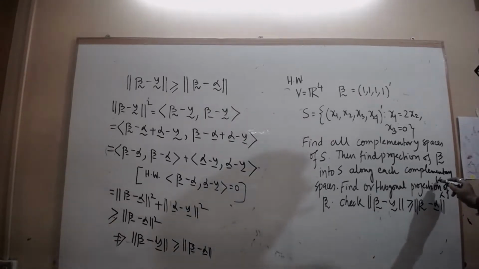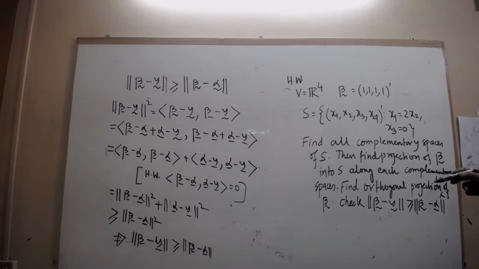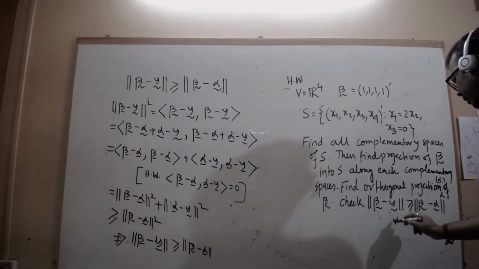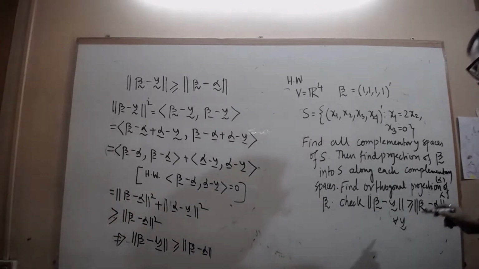I denote this by alpha curl. And y curl is a projection of beta curl, for all y curl, where y curl is a projection of beta curl.